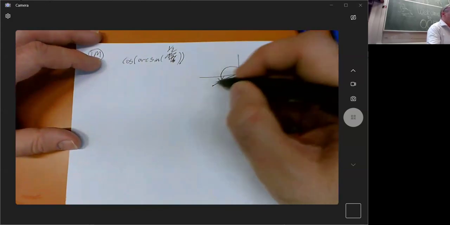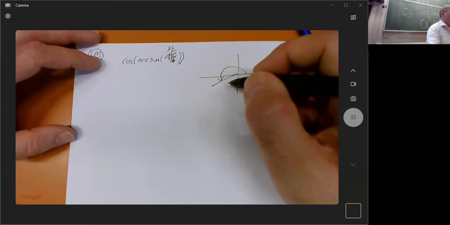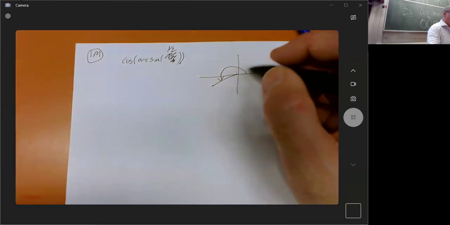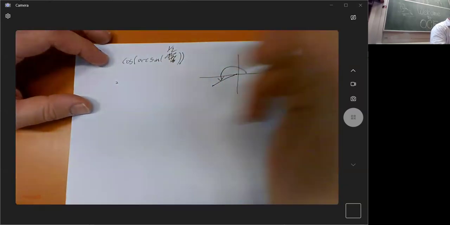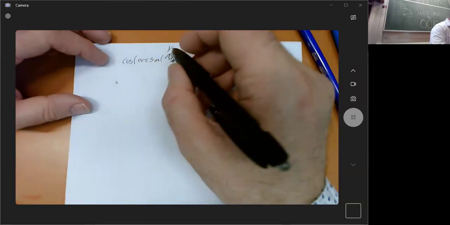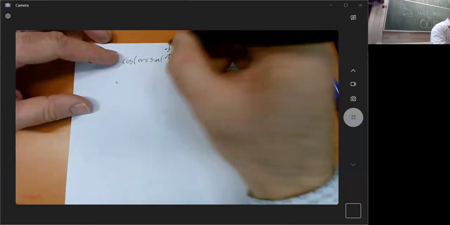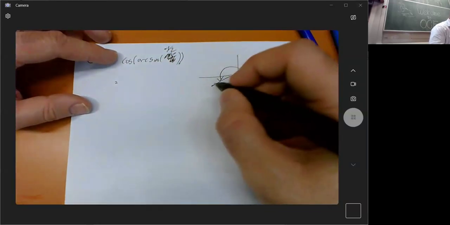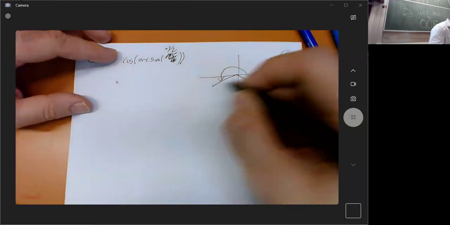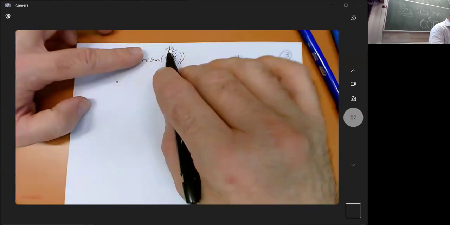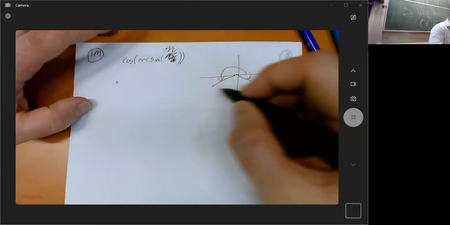Sine is negative. So sorry, I want minus a half. I'm going to have here or here for my angle. From the minus a half, I've got here or here.